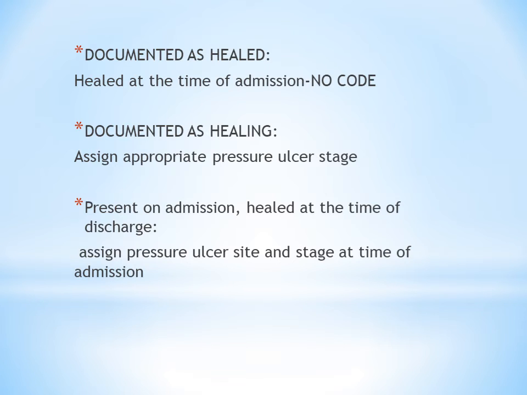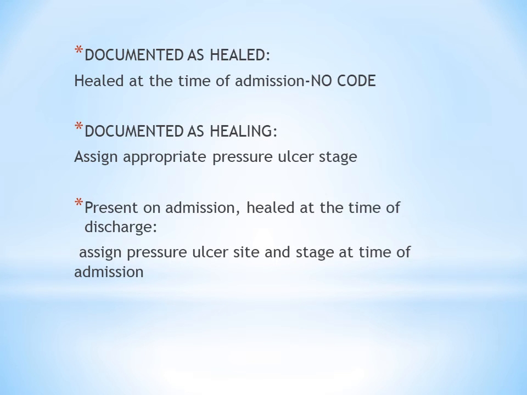The next one is documented as healing. That is, if the diagnosis is healing stage 1 pressure ulcer, what you have to code? You have to code for the same stage 1 pressure ulcer, whatever be the site. And the last one is present on admission, healed at the time of discharge. That is, some stage of ulcer is present at the time of admission, but that particular stage is healed at the time of discharge.